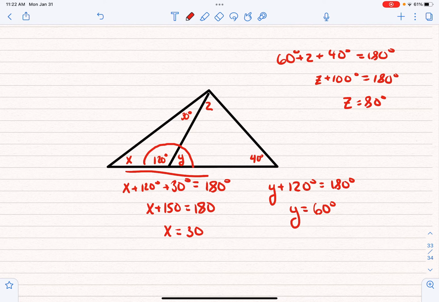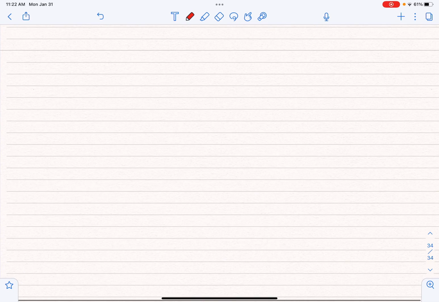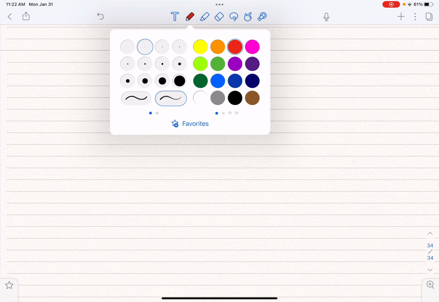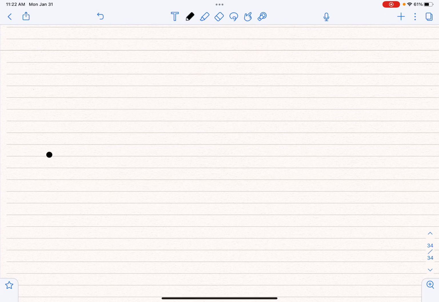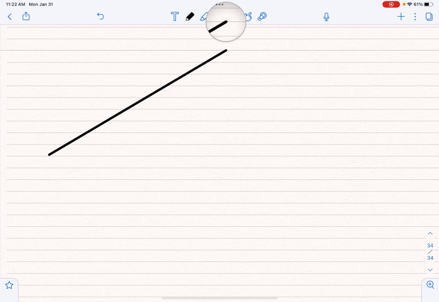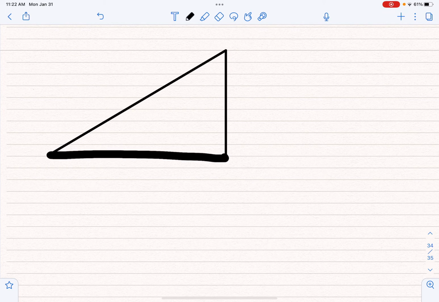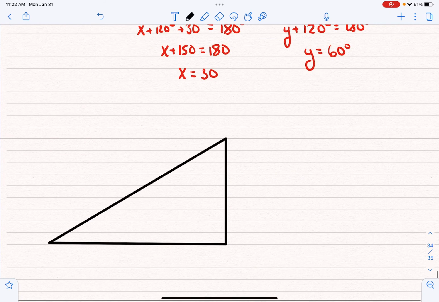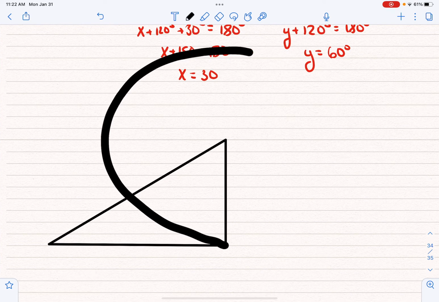Now, what I want to do is throw a little bit of an odd problem your way, but it doesn't make it hard. Let's imagine that I had some kind of funky looking right triangle. We'll make it look like this. And we're going to add one weird notion to this, and that is we're going to put a big circle right here.